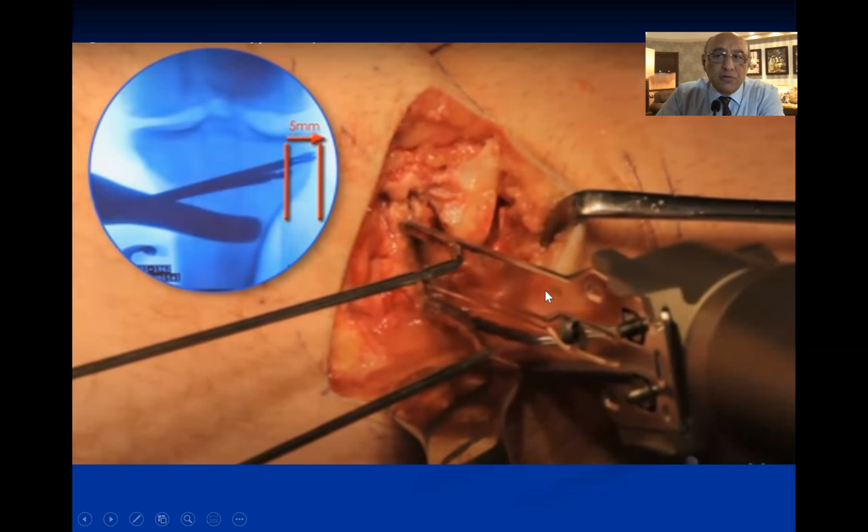And then with the saw, we cut the vertical limb parallel to the slope of the tibia, which may be marked by another anteroposterior wire, checked in the lateral X-ray. And with the saw, we reach to a distance of 5 millimeters from the lateral cortex of the tibia.